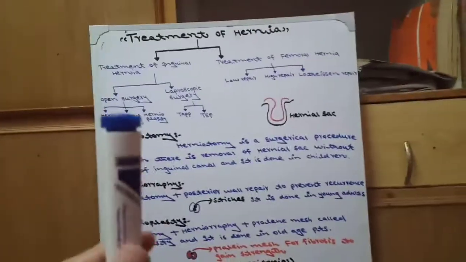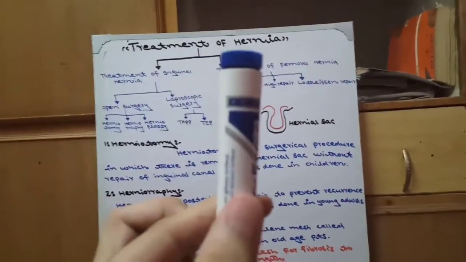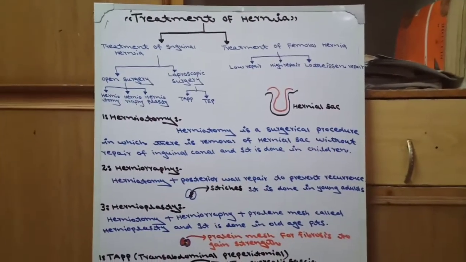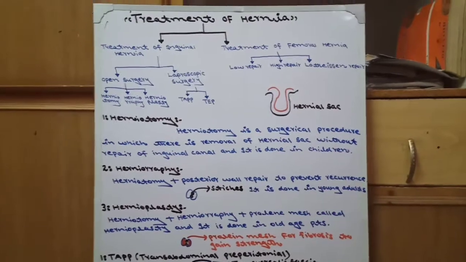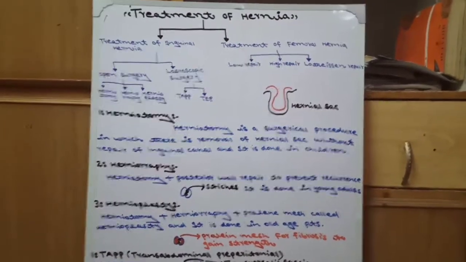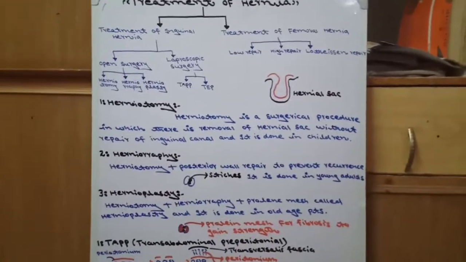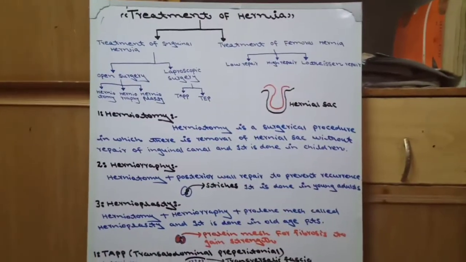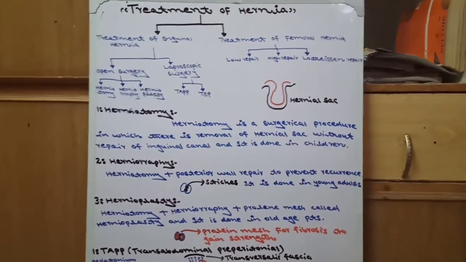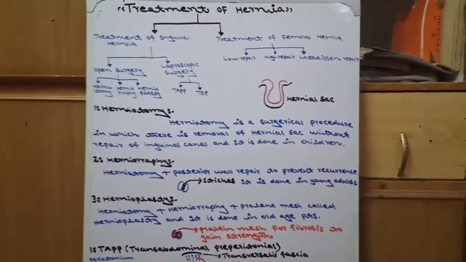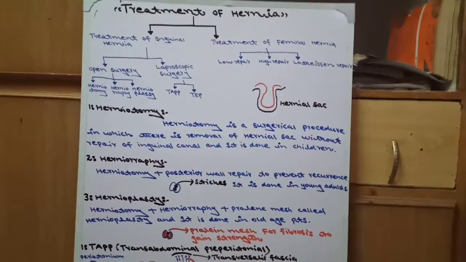Now, today's topic: treatment of hernia. First we understand the classification of treatment of hernia with a diagram. If we remember this classification by diagram, it will be very easy for us to understand the treatment of hernia.